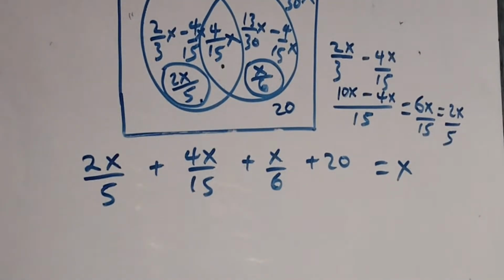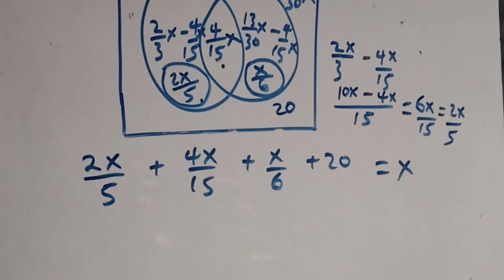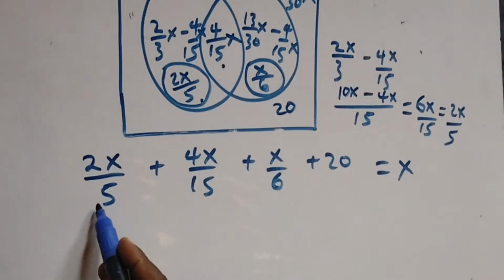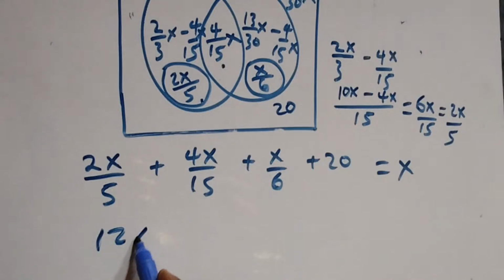So just solve this fraction. Clear the fraction. When we find the LCM here, this is to clear the fraction. And the LCM here is what? So I think that should be 30. We multiply through by 30. It depends on how you want it. So multiply this through by 30. 30 times 2x over 5. 5 goes into 30, 6 times 2x, that's 12x.